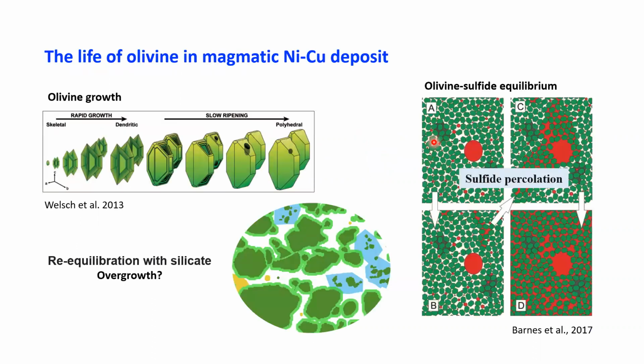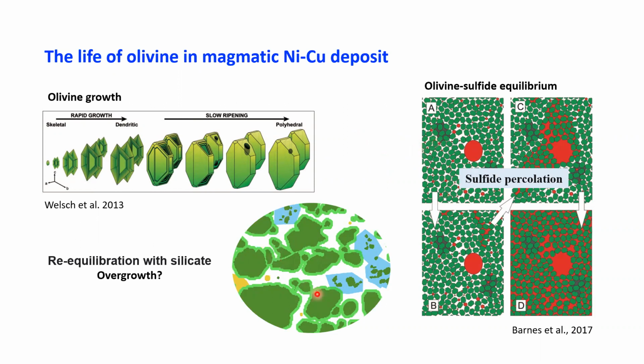Let's first talk about how olivine forms and the processes it may go through in a nickel copper deposit. Firstly, we need to crystallize the olivine from the magma, no matter whether it's rapid cooling or slow cooling.